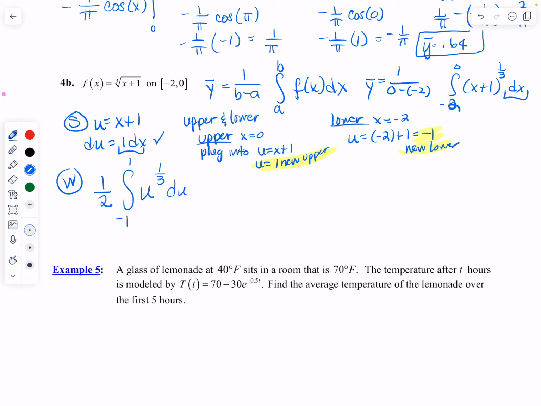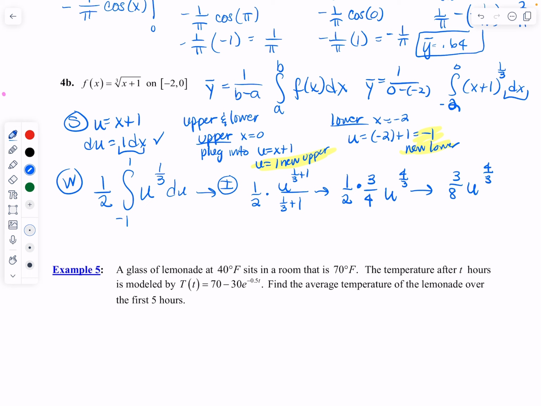So now I have to integrate this. So it's 1/2 times u to the 1/3 plus 1 over 1/3 plus 1. If I take 1/3 plus 1, I get 4/3, and if you reciprocate that, you get 3/4, and u to the 4/3. So this becomes 3 over 8 u to the 4/3 power.